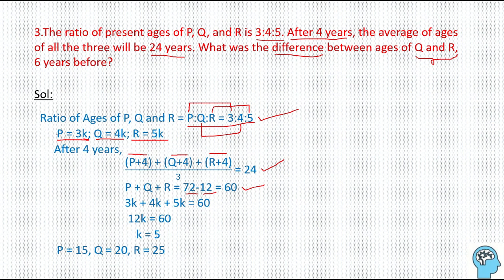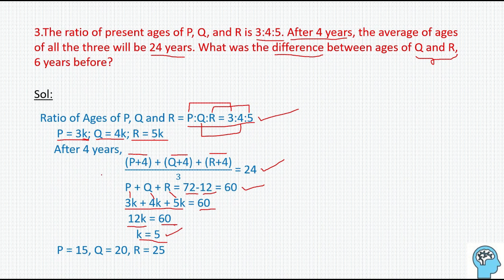Now the values of P, Q and R are 3K, 4K, 5K, and that is equal to 60. Now just add this up, and 12K is equal to 60, K is equal to 5.